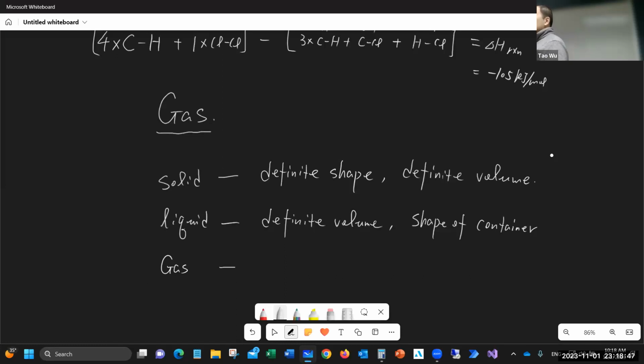The same amount of gas can be that big if you have a really big container, and can also be really small if you have a smaller container. So they do not have a definite shape and also do not have a definite volume.